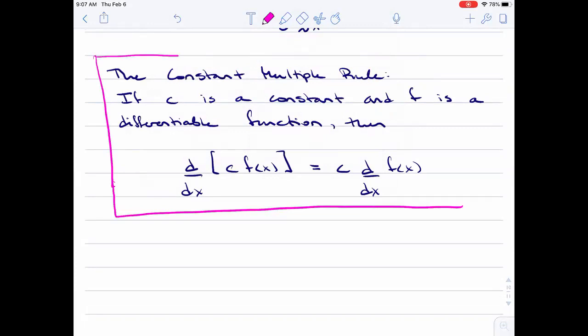So the constant just gets pulled outside. Or if you want to think of it as the derivative attaches to the function, it's fine too.